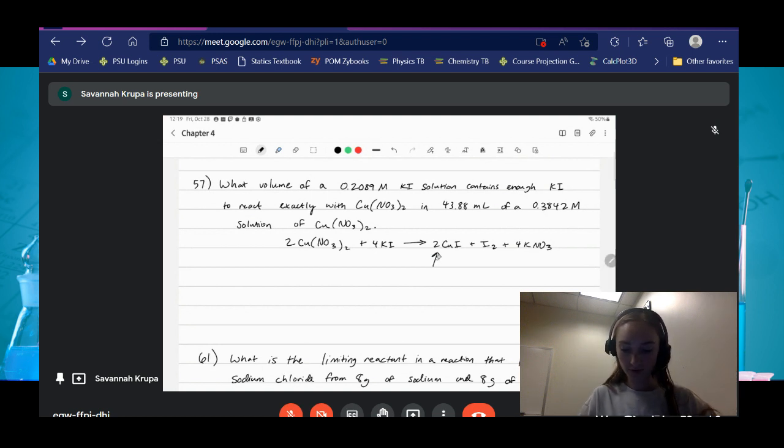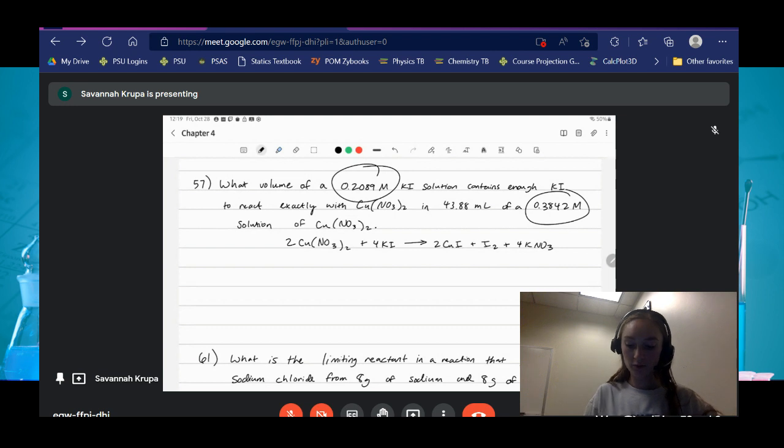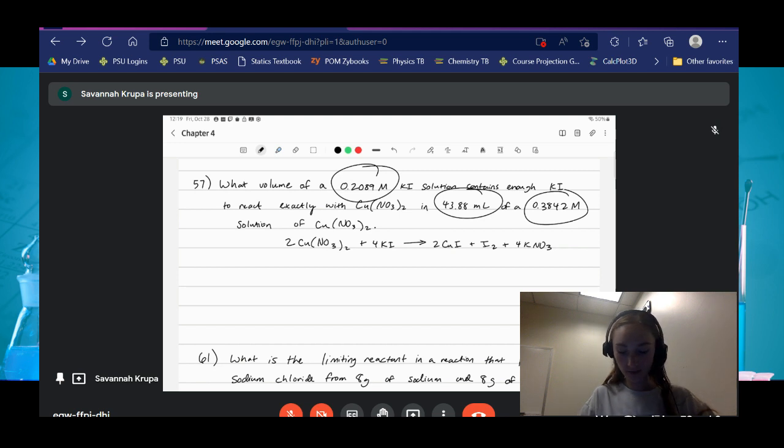So just as before, it gave us molarities, so that's going to be used later on, but we're also given an initial amount of something, so we're going to start with that. So we have 43.88 milliliters of the copper nitrate, so we're going to start with that.